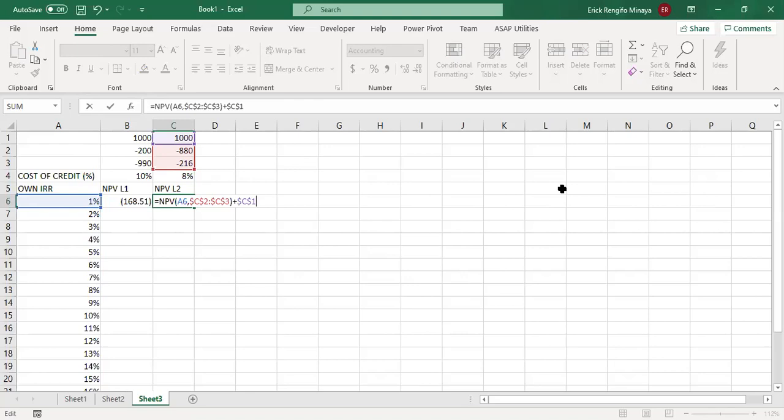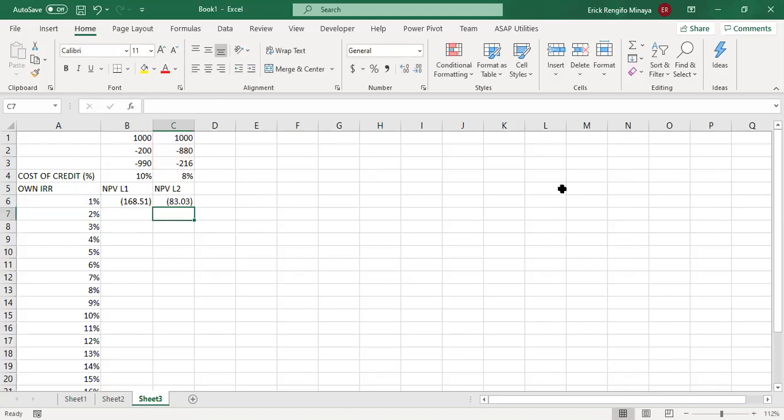The remaining part is simply copy paste. Ready? Do you obtain minus 83.03?